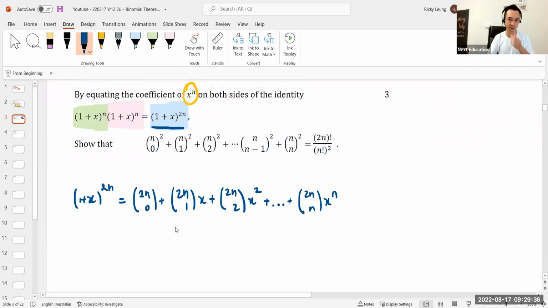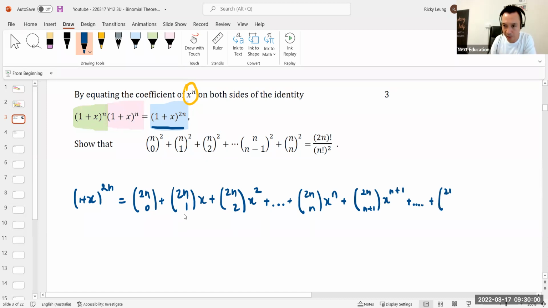Now, with this one, that is in the middle. I'm just going to add a few more terms for demonstration, because it's easier for me to explain. Plus dot, dot, dot, plus the ones at the end. Let's put a few in there.